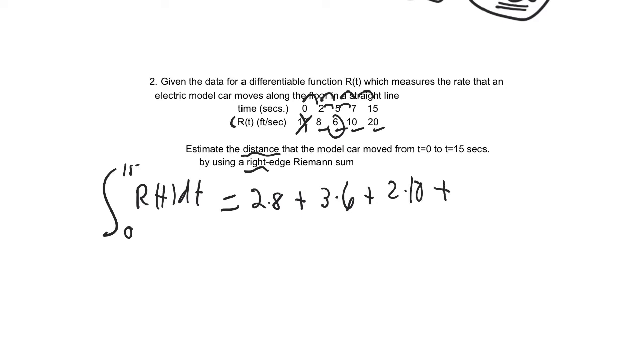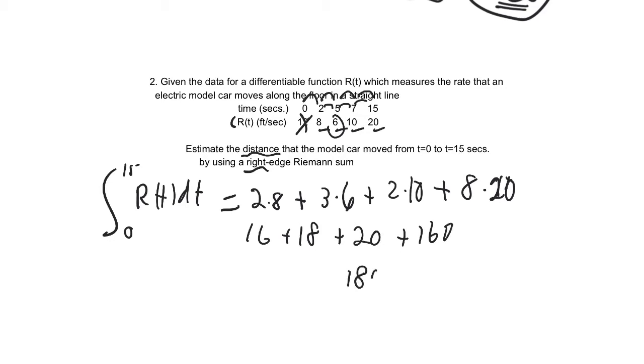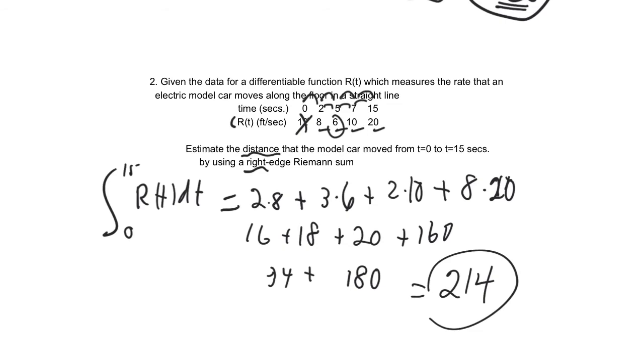And the very last rectangle has a width of 8 and a height of 20. And so you get 16 plus 18 plus 20 plus 160, 180 plus 34, which is 214. 214 is the answer there.